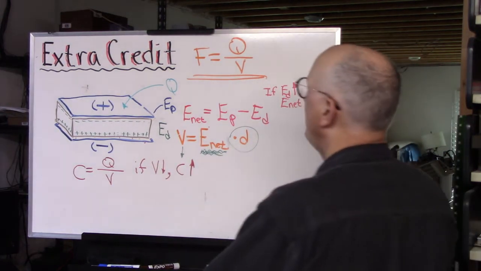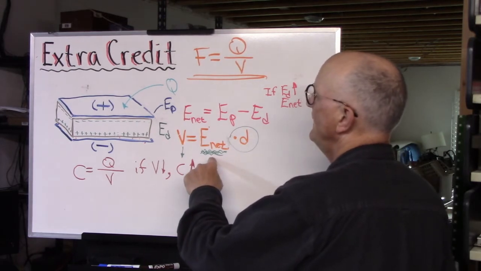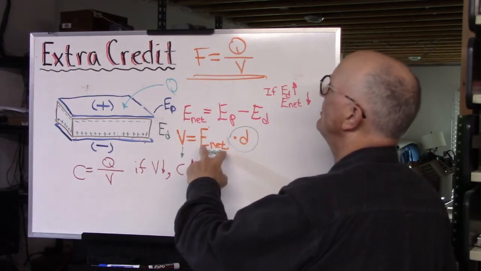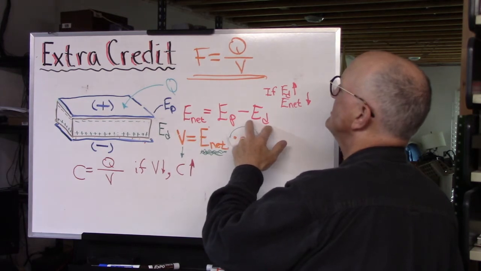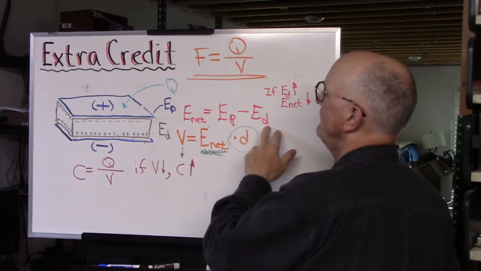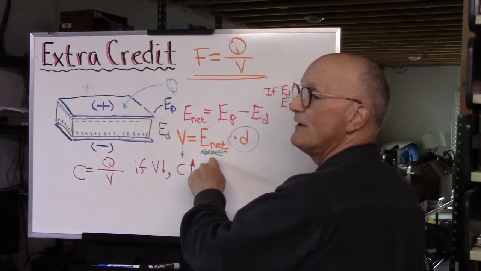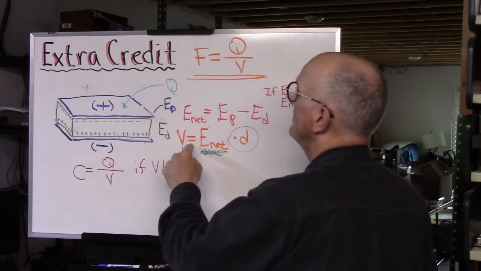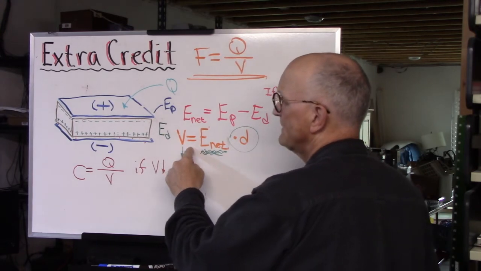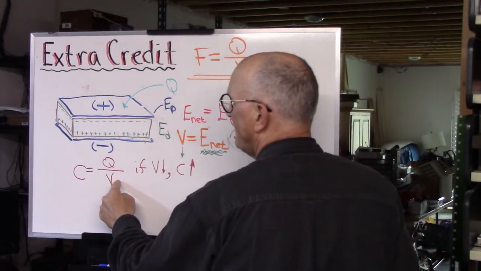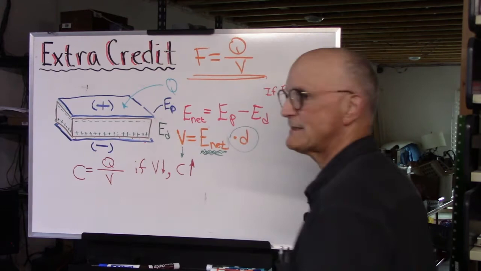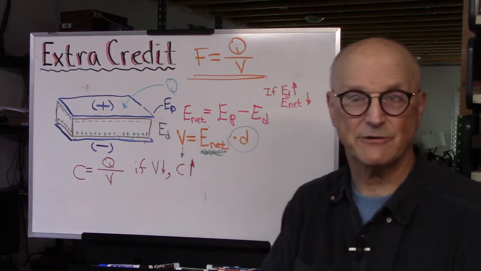So the bigger the dielectric coefficient, the stronger the opposing electric field, the lower the net electric field, the lower the potential difference. The lower the potential difference, the larger the capacitance. That's how dielectrics work.